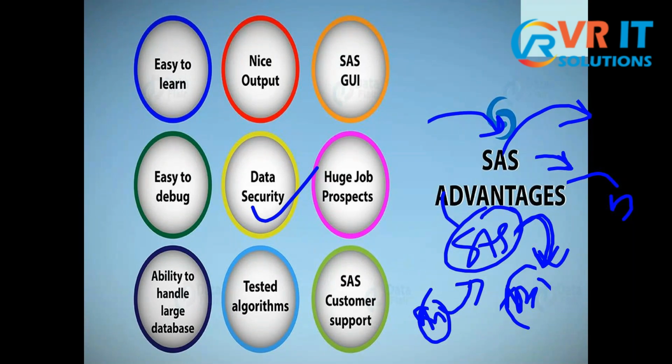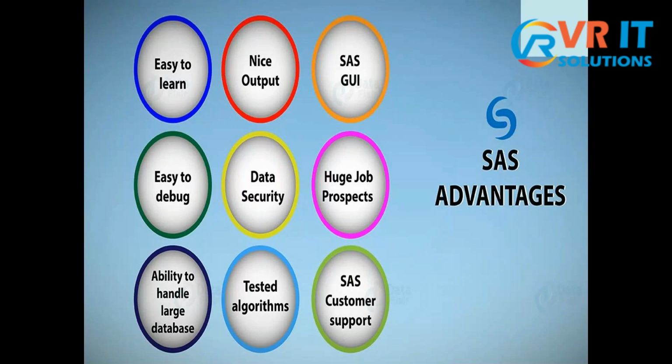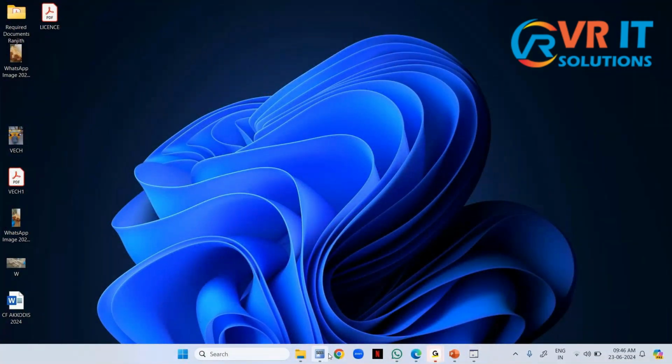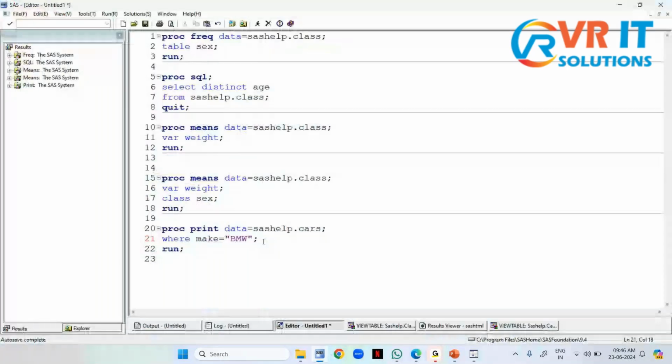It is very easy to learn, the user interface is very simple. Whenever we write the code, see, I have written the code, right? If I make a mistake in this, suppose I missed a semicolon. After every line we basically use a semicolon. Suppose I missed a semicolon and I am running that code.